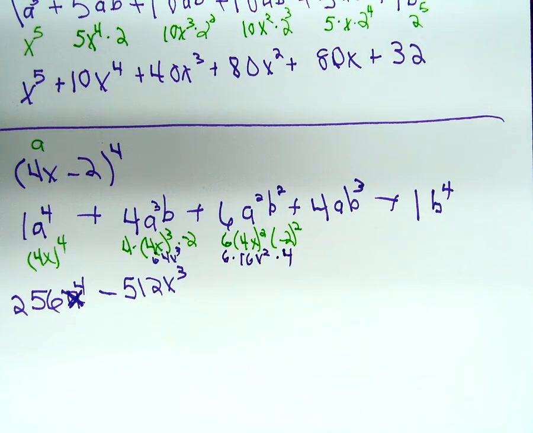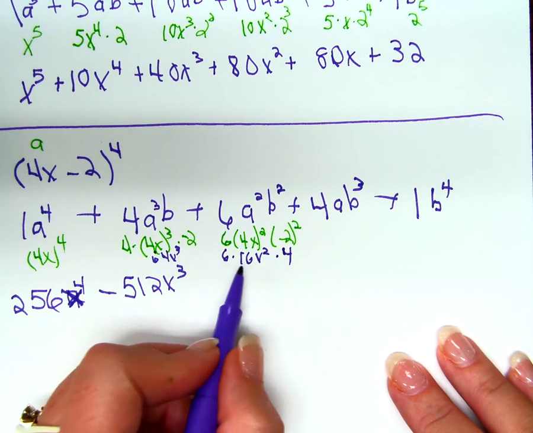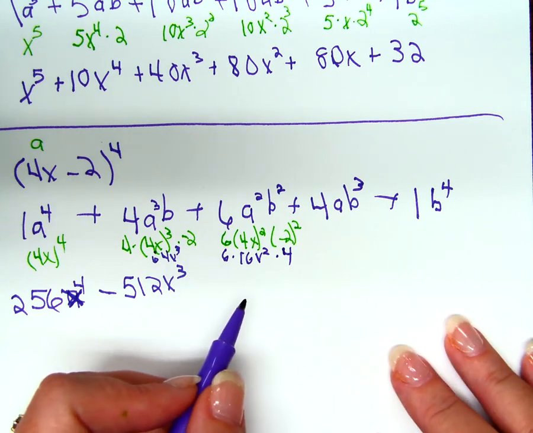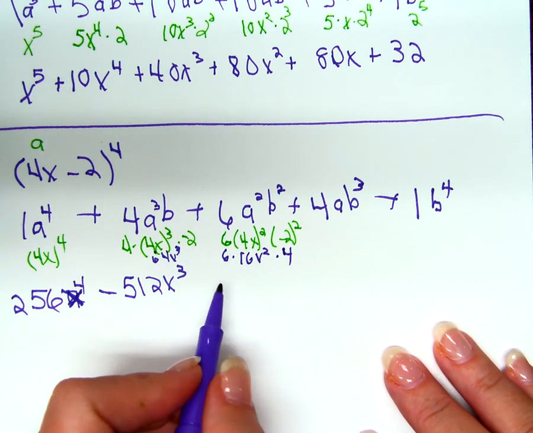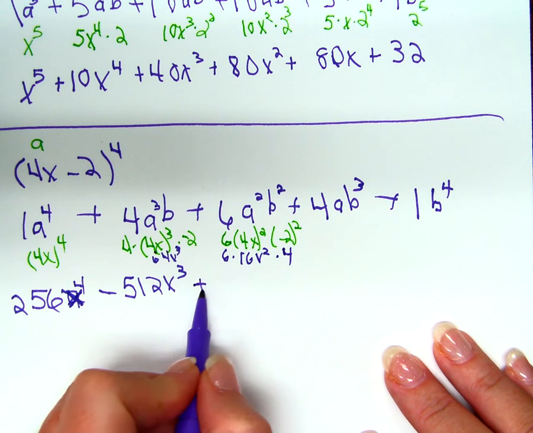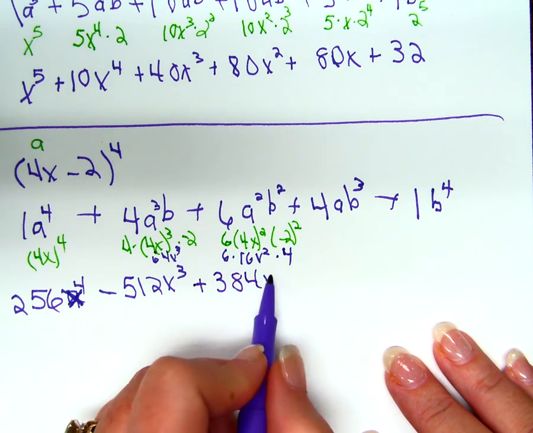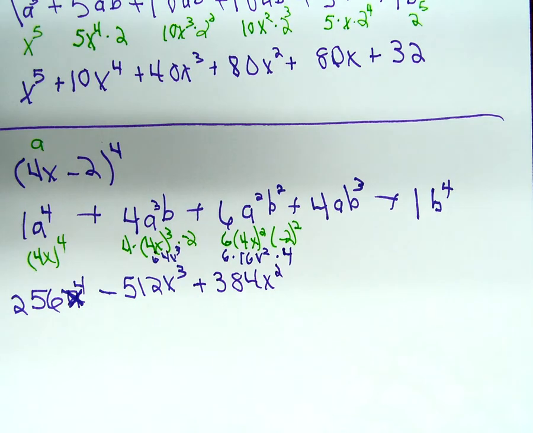You guys all have calculators and you're all staring at me. You can all do it, right? Yeah? What is 6 times 16 times 4? 384. So plus 384 x squared. Okay so far? You have to tell me if you're not.